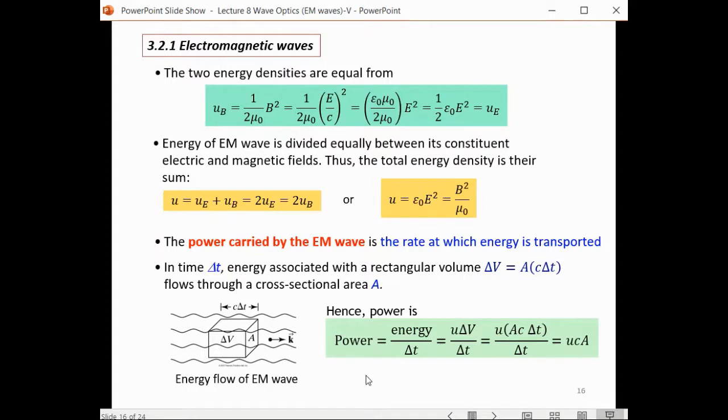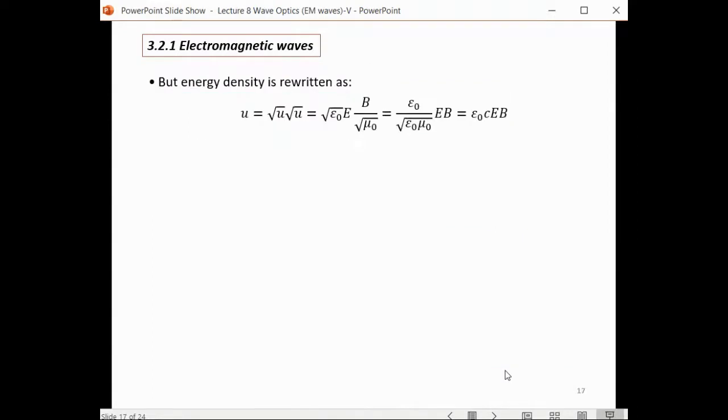Hence, the power will be given as energy over the time interval, and energy is written as energy density multiplied by the volume, and substituting the volume with the area and the distance traversed, that will give us UcA.